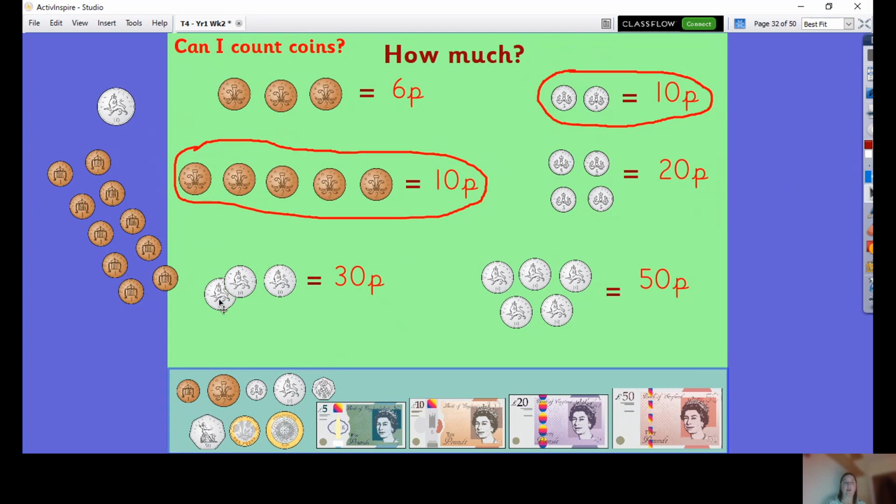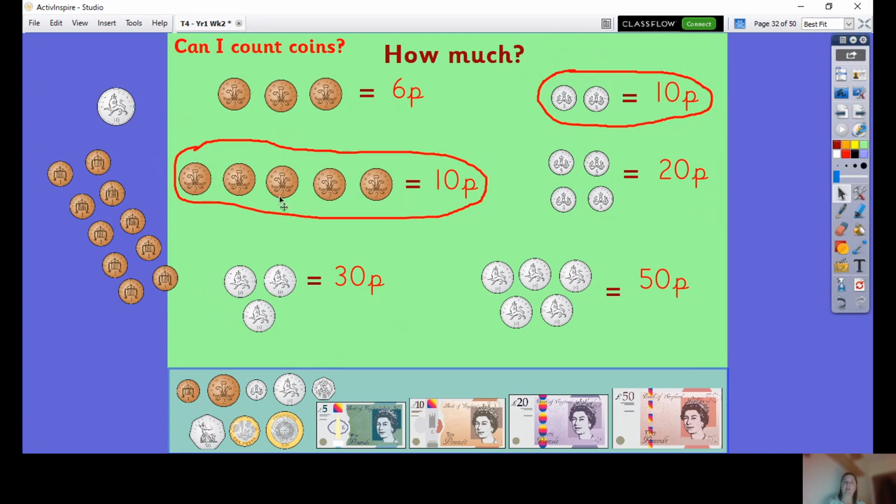So if somebody said to me, oh, here, I'm going to give you 10p, they could give me a 10p piece, or they could give me 10 pennies, or they could give me 5 2p's, or they could give me 2 5p's, and I would have 10p.